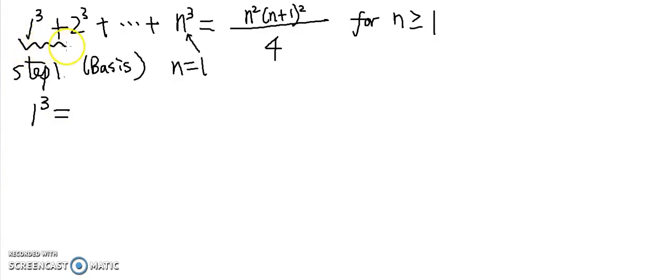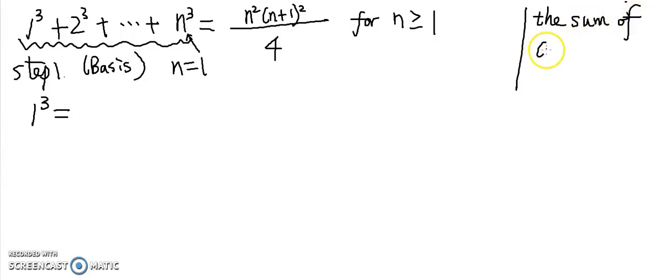Another explanation is, if we use an English sentence, the left hand side means the sum of cubes from 1 to n. So if n equals 1, it means the sum of cubes from 1 to 1, because from 1 to 1 it would be just one number.